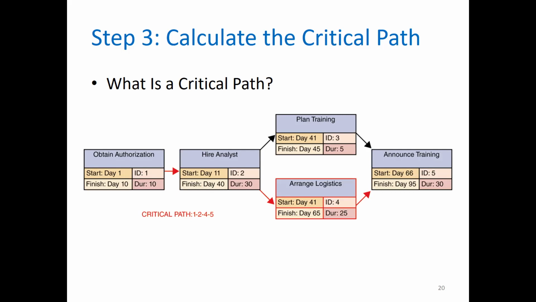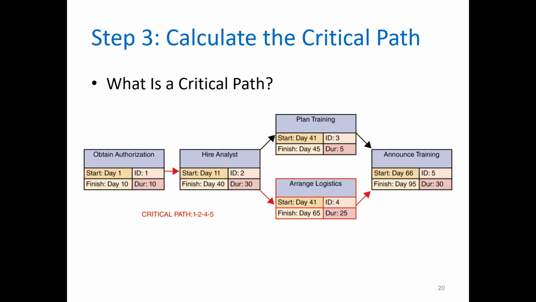Task 2, which is dependent on task 1, can start on day 11, the day after task 1 ends. With a duration of 30 days, task 2 will finish on day 40. Tasks 3 and 4 are multiple successor tasks that can start after task 2 is done.